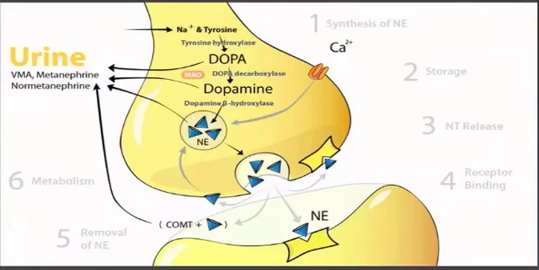Now, norepinephrine basically binds to either the postsynaptic receptor on the effector organ, or it binds to the presynaptic receptor. And this leads to a triggering of an intracellular cascade and basically the action effect, which we're going to go over later on in this lecture.